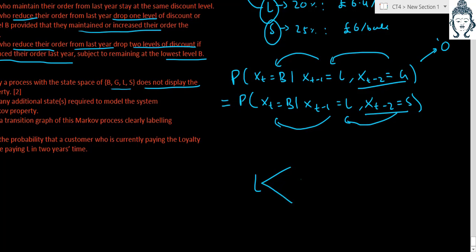So L will be in two parts. It would be L plus, discount level L, it was, let me check, it was 20%, I guess.